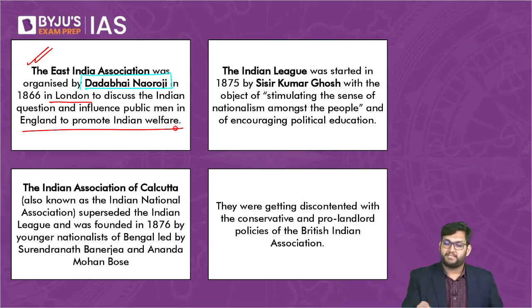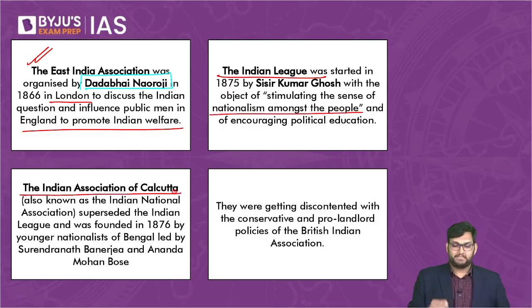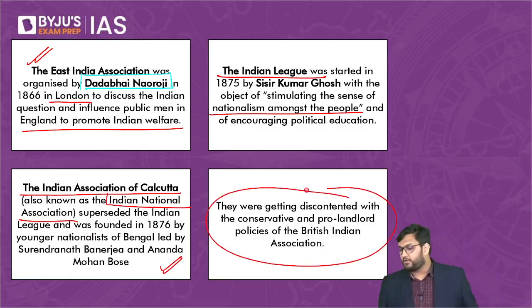Now, it's called the Indian League for stimulating the sense of nationalism. It's called the Indian Association of Calcutta, later called the Indian National Association. All of these bodies by Anand Mohan Bose or you have Surendranath Banerjee. Now they are not conservative, but are technically going to take on a nationalistic feeling.